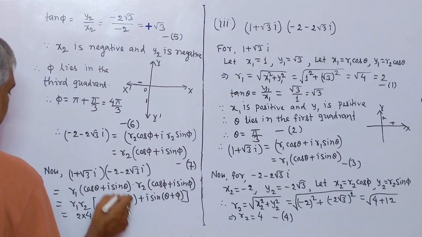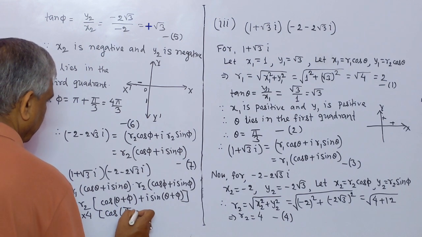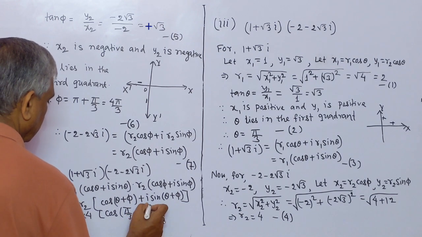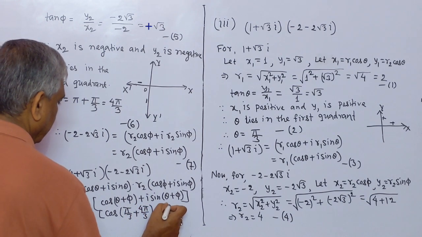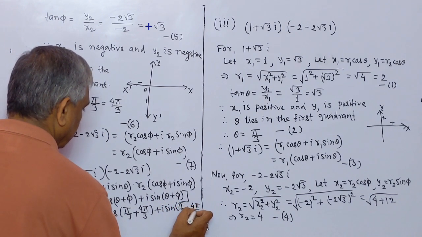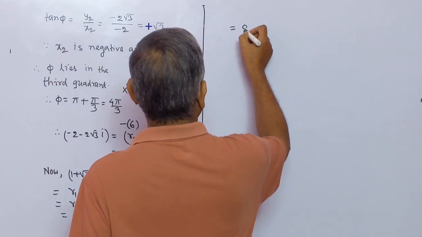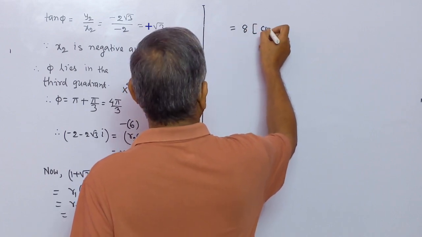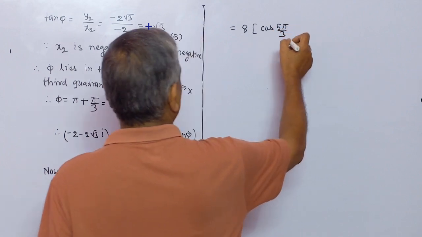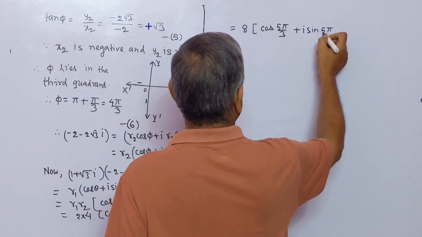Here theta is pi by 3, phi is 4 pi by 3, so cos of pi by 3 plus 4 pi by 3 plus I sin of pi by 3 plus 4 pi by 3, equal to 8 cos 5 pi by 3 plus I sin 5 pi by 3.